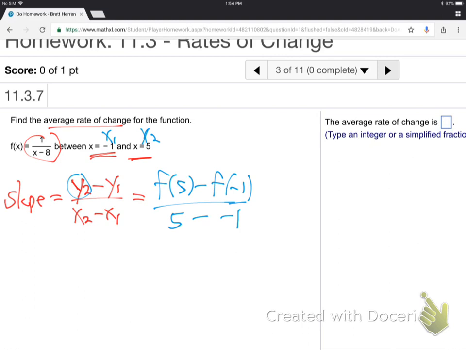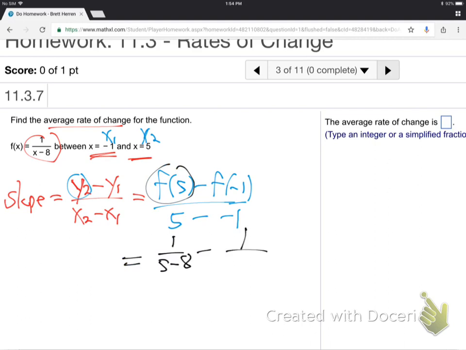Plug that stuff in. Okay, so f of 5 means plug 5 into the function.